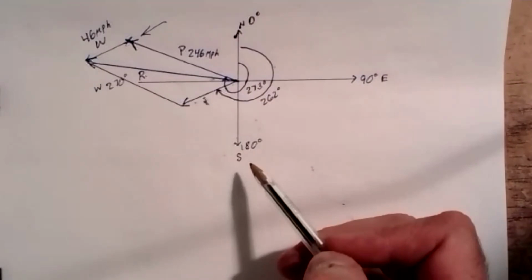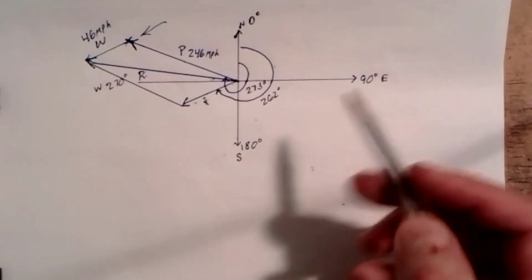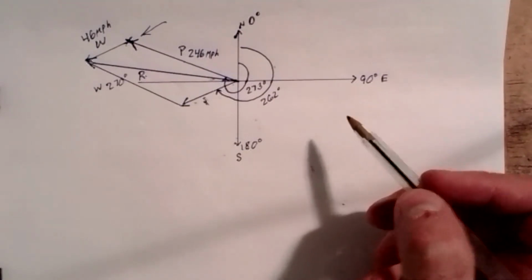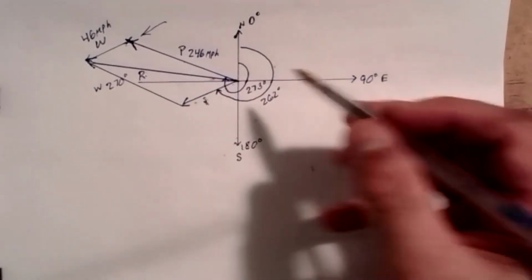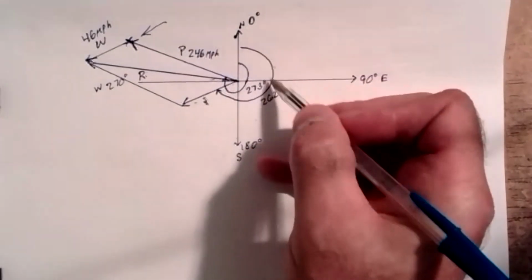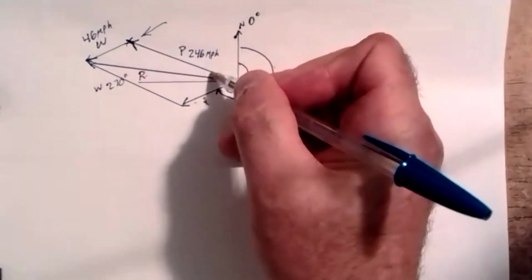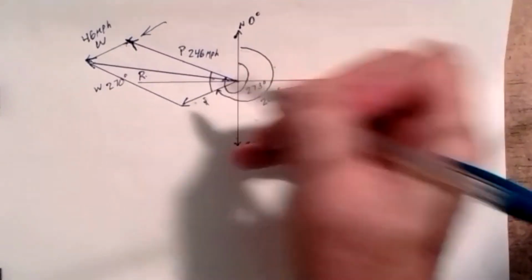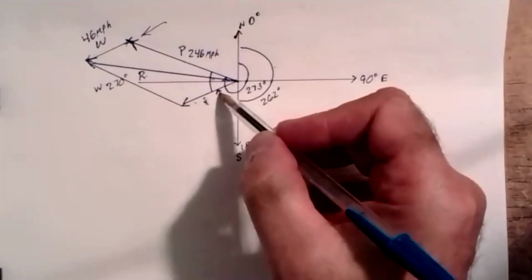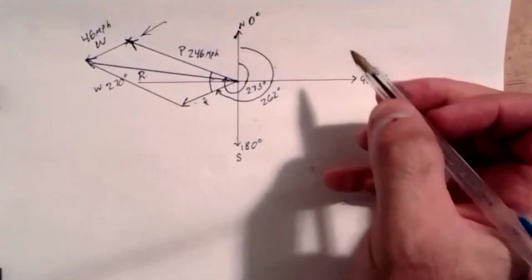And how are we going to do that? Well, ladies and gentlemen, do we agree from here to here is 273 degrees and from here to here is 262 degrees? So I claim we can find this angle of our parallelogram by subtracting 262 degrees from 273 degrees.